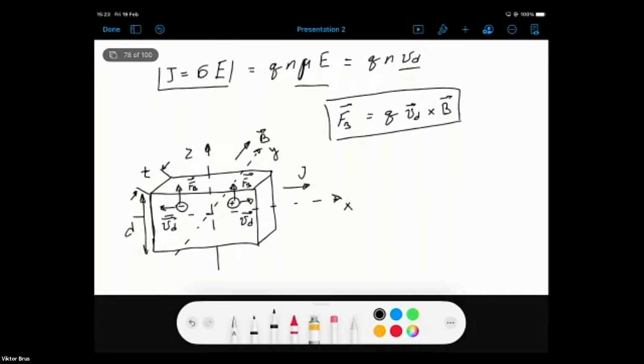So let's assume that we have a metal, and only electrons are moving there. What is going to happen? These electrons are deflected towards the upper edge of the conductor. So we can maybe put here some point C, here some point A.